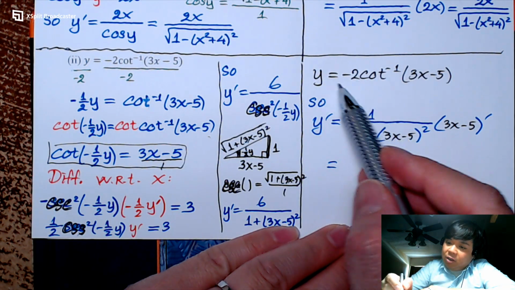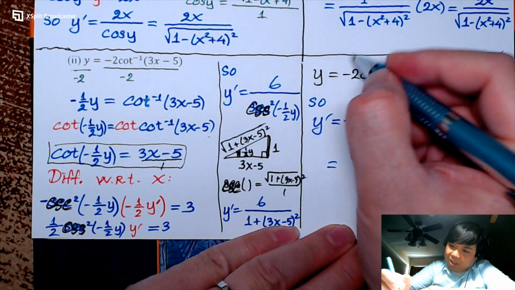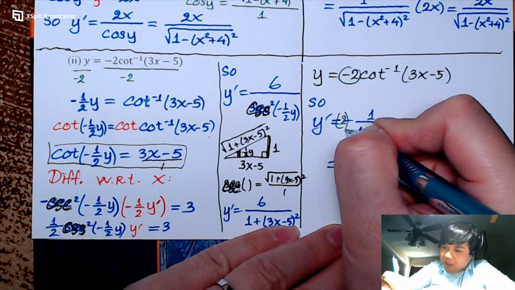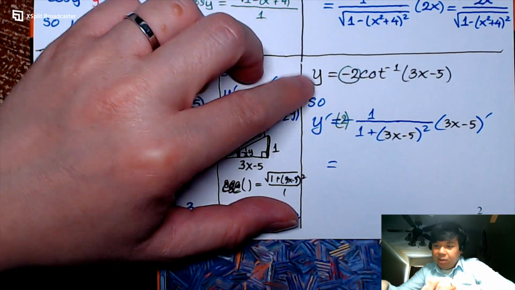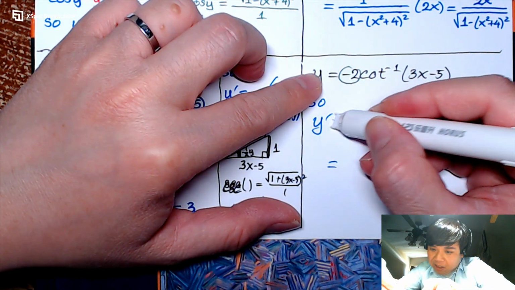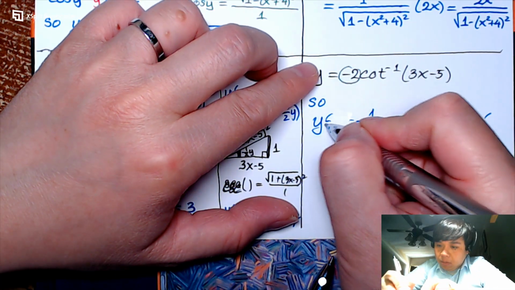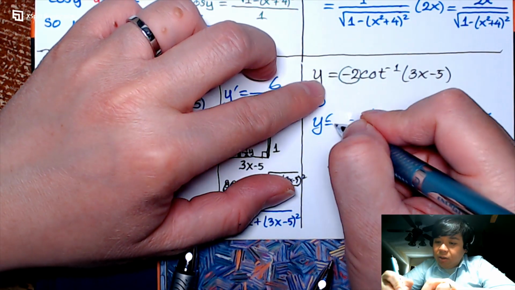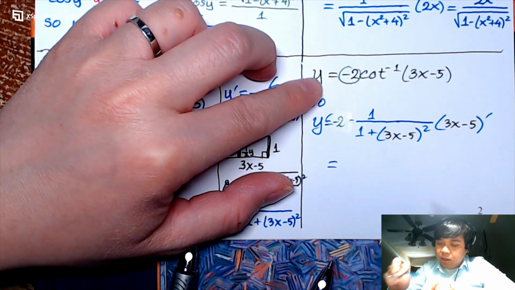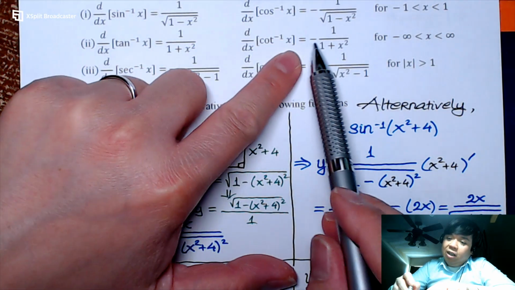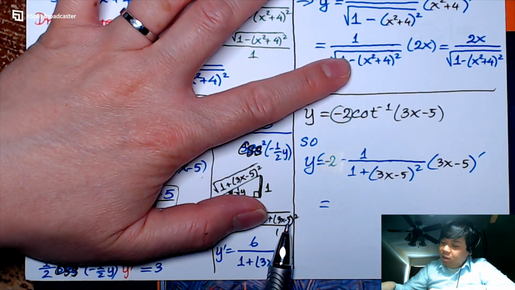And now there's a negative 2 in front of it. Okay, negative 2. And then negative in the formula.